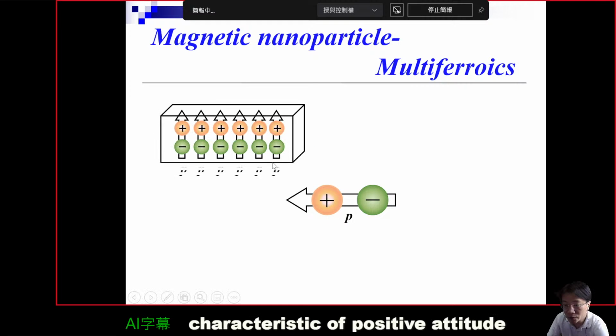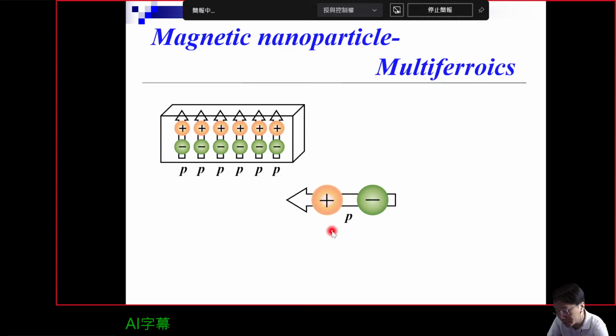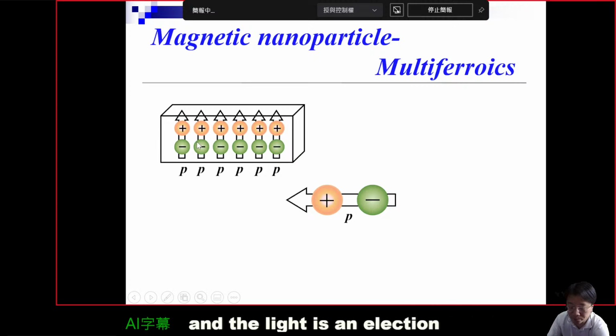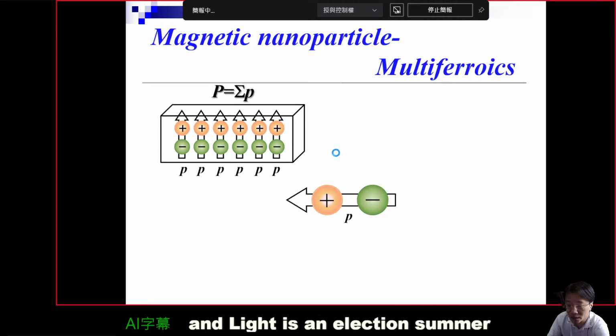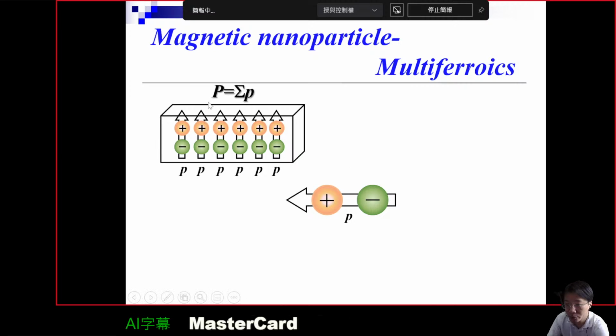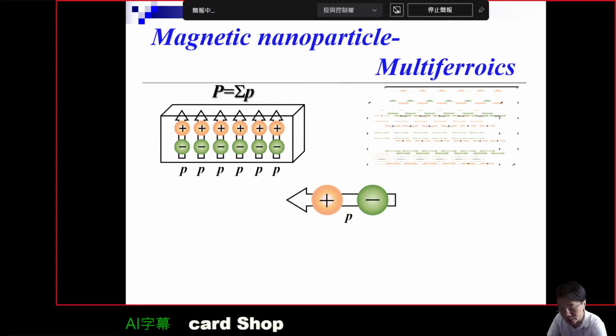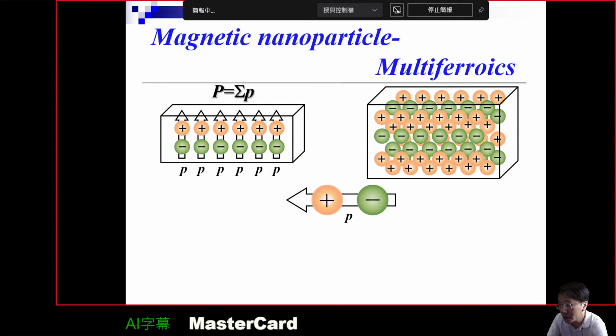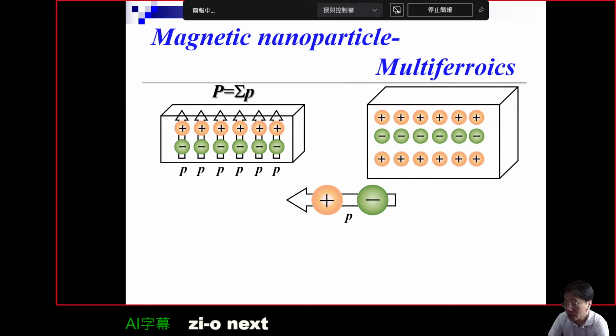So in a material, if we have a lot of electric dipoles and they align in the same direction, then the sum of these electric dipoles is called polarization. We use the capital P for polarization. Typically, a lot of compounds are ionic crystals.